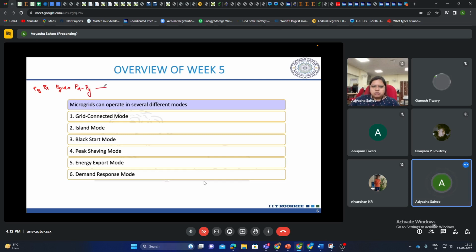What this means is, whenever we have excess demand, that is Pd greater than Pg, we will import.